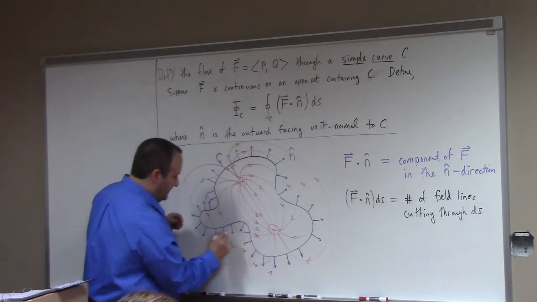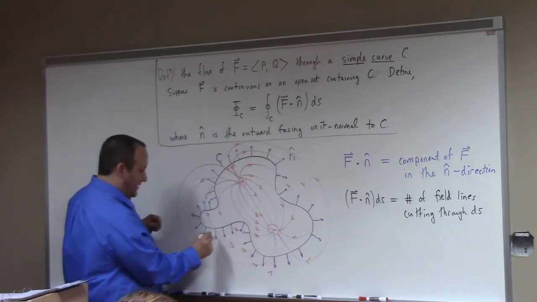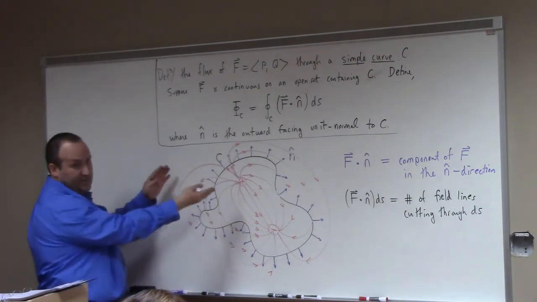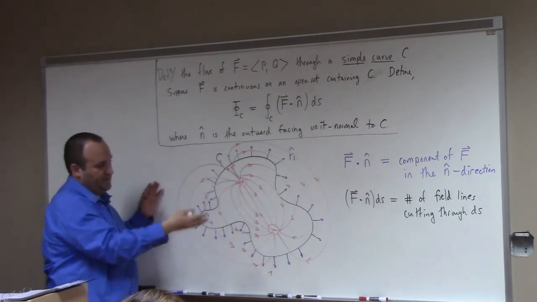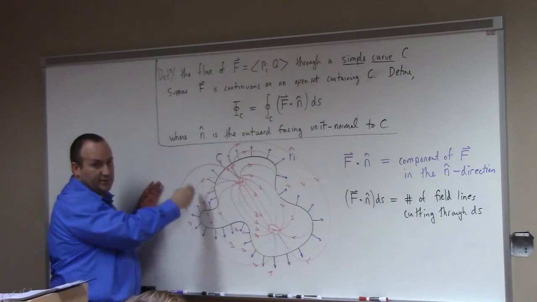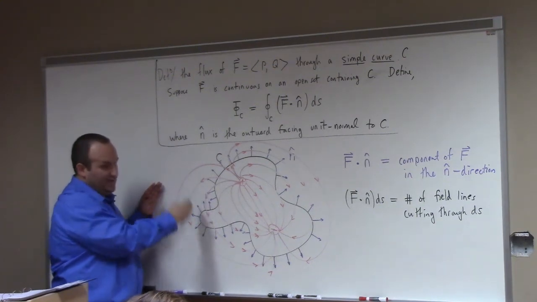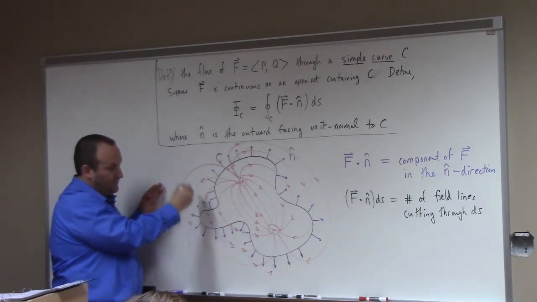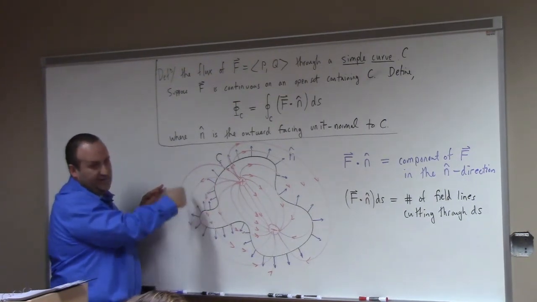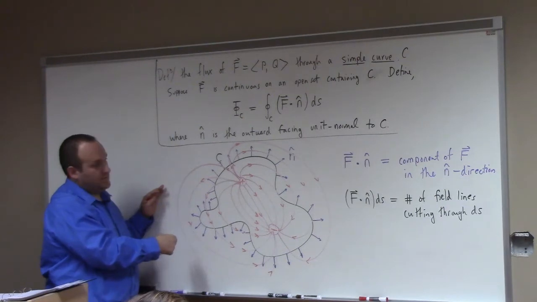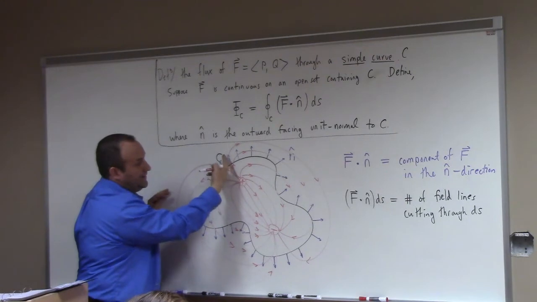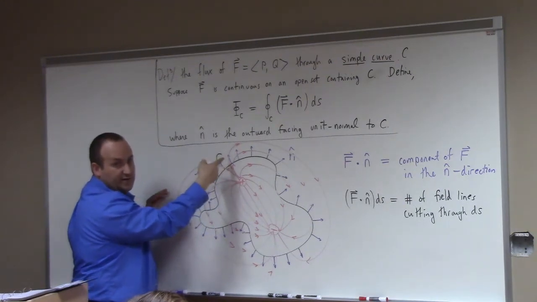So it depends on how the field line hits the curve. I'm thinking of it as an electric field line, and as it cuts right through here, it would give no flux, because it's just tangent. If I were to draw one more here, it's hitting tangentially, so that doesn't count as flux. What does count as positive flux? For this one, that field line is lining up with the unit normal there, so that would count as an honest-to-goodness line.